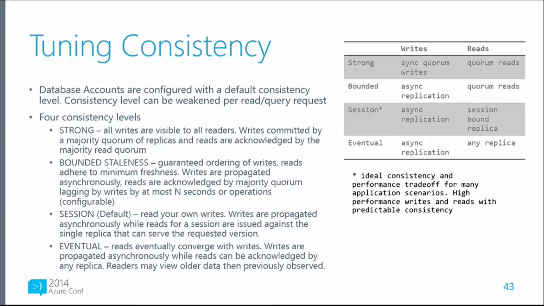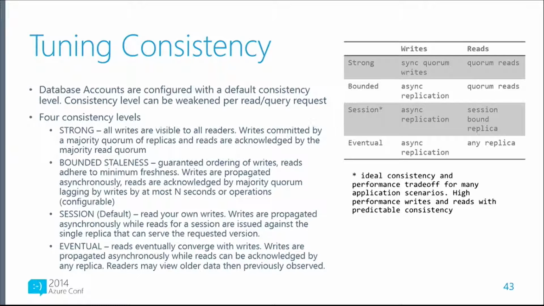So if we start with strong consistency, that is basically guaranteed consistency. That means that any time we write to Azure Document Database, it is going to write to a quorum of replicas. So say we've got 3 replicas, with strong consistency we're going to write to at least 2.